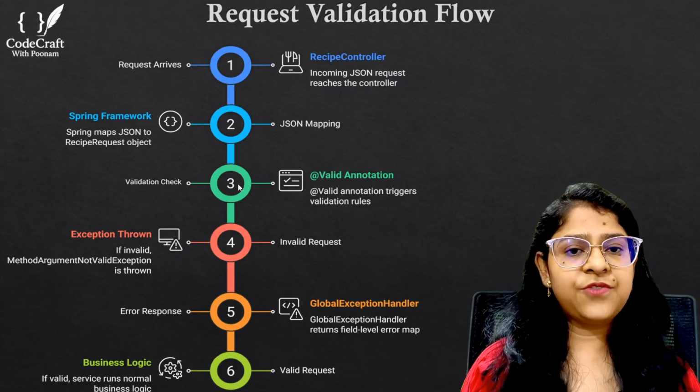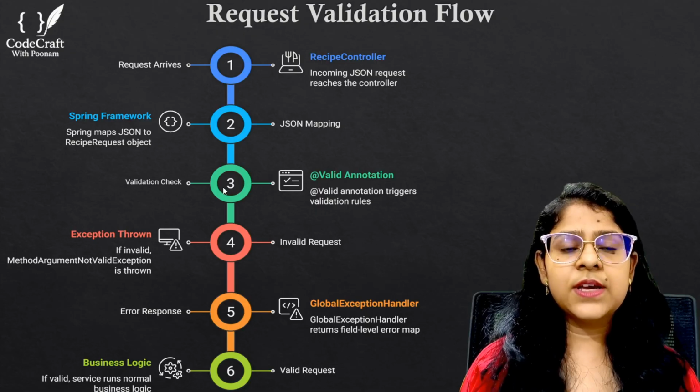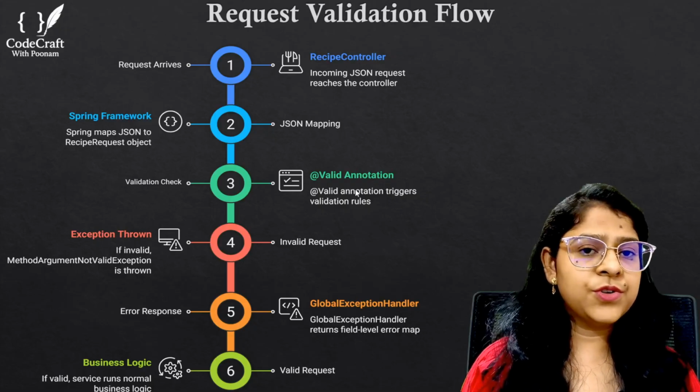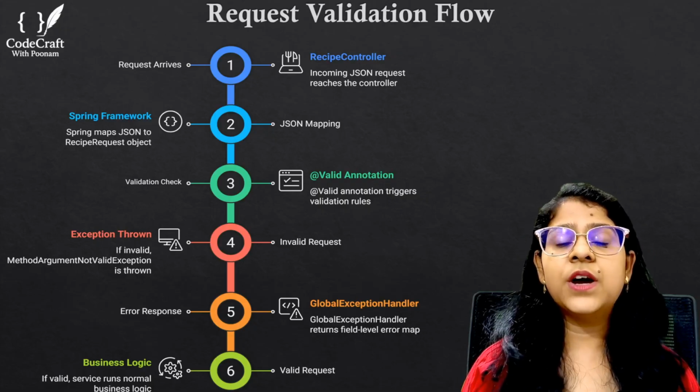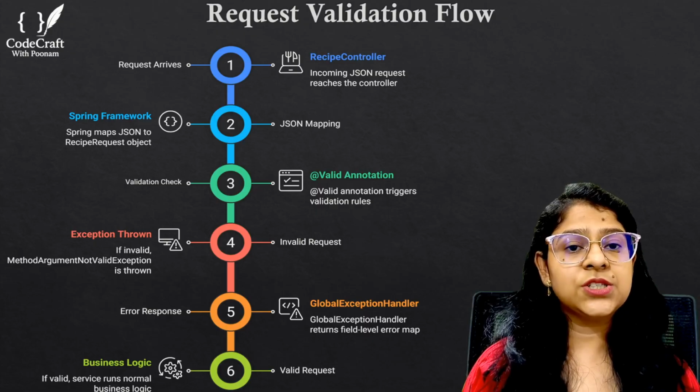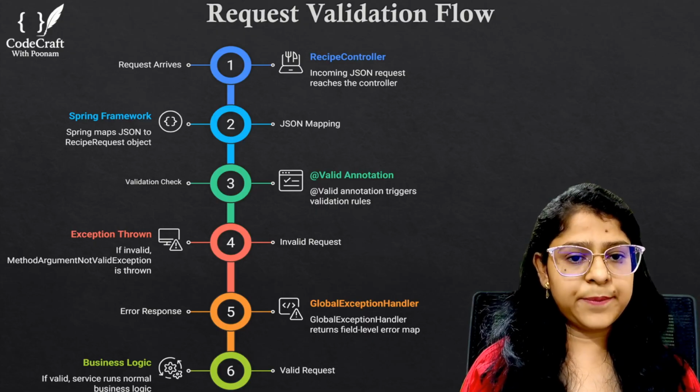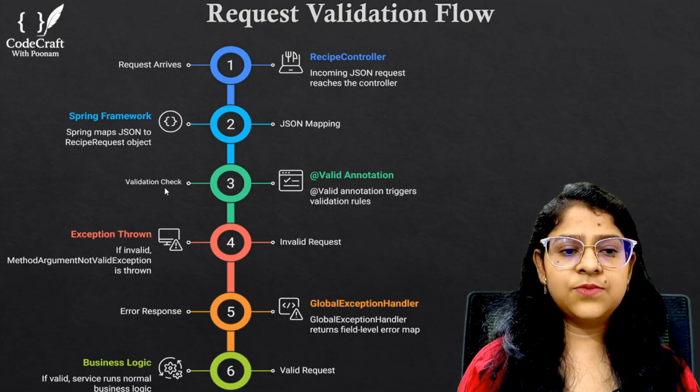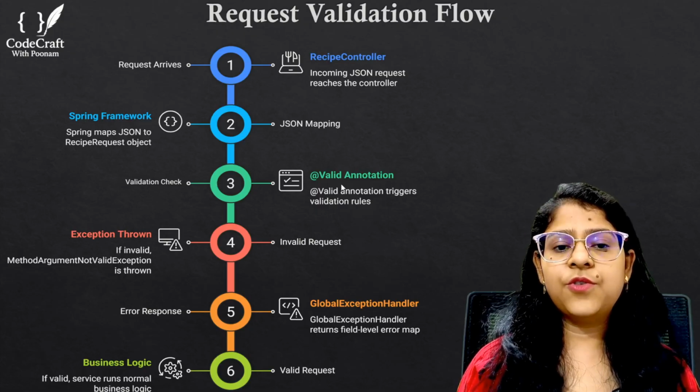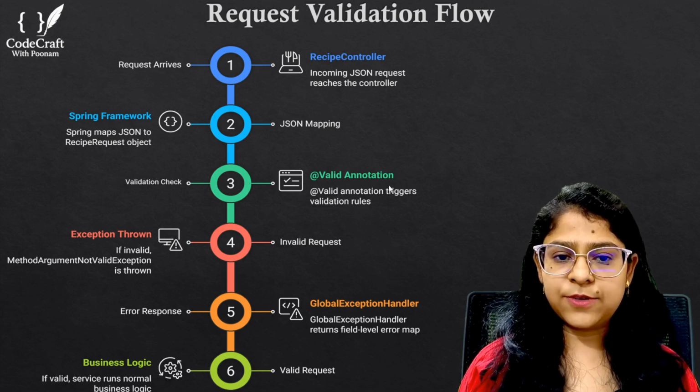And then it will check for the validation. Okay, so here we are going to use @Valid, and also in our pom.xml file we are going to add this validation dependency, okay. And then is the validation check, where we are going to use this @Valid annotation, okay.